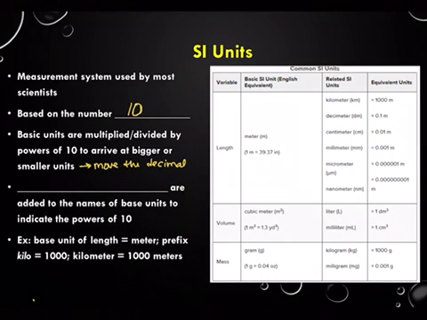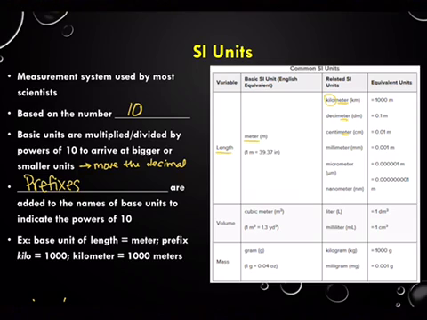And then we use these things called prefixes. We add them to the name of the base units to indicate the power of 10. So here, if we look at the table, we have a list of our base units. Meter is the base unit for length. And if you look at the related SI units column, you see meter, meter, meter, all the way down.